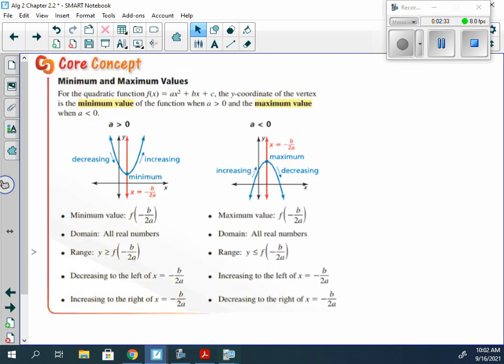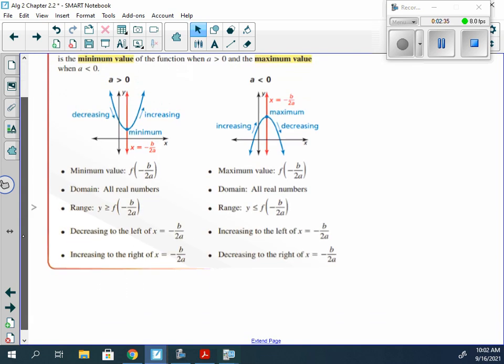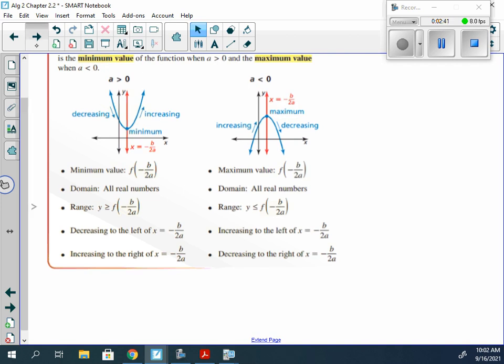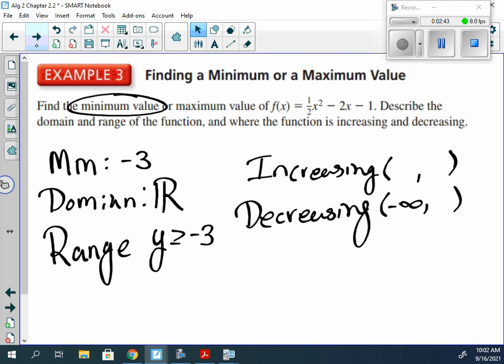Now, decreasing to the left of x is equal to negative b over 2a, increasing to the right of this here. So this will probably not match up exactly as the textbook has it, but I like interval notation a little bit better.